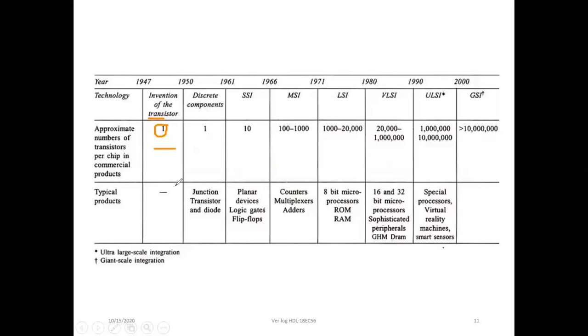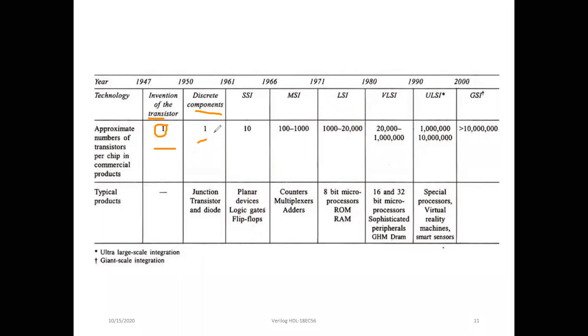But with the help of only the transistor, we cannot design any circuit. For example, you can take a BJT transistor. With the help of only a BJT, you cannot perform anything. You must use other additional components. Later, during the 1950s, between 1961, the discrete component has come. One quantity is the approximate number of transistors per chip in a commercial product.